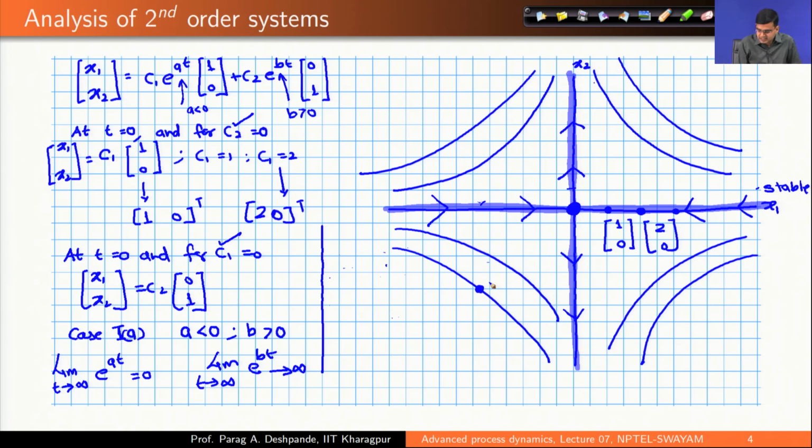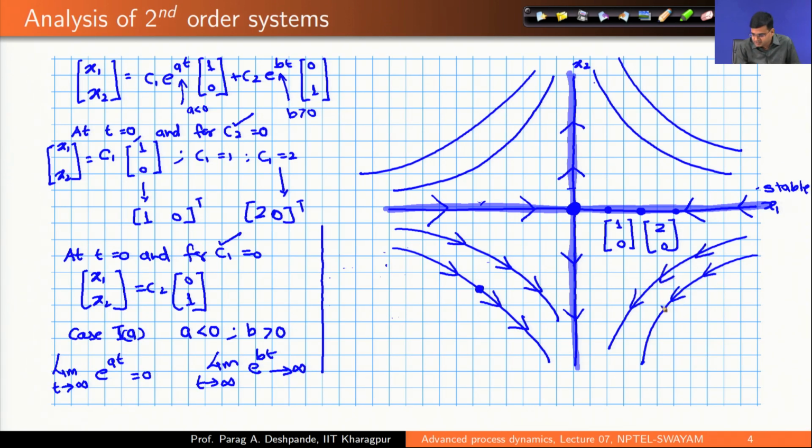What I see is that along the x1 axis the system is going to be convergent, and along the x2 axis the system is going to be divergent. Therefore, the direction of time is this. For this quadrant, the direction of time would be this.